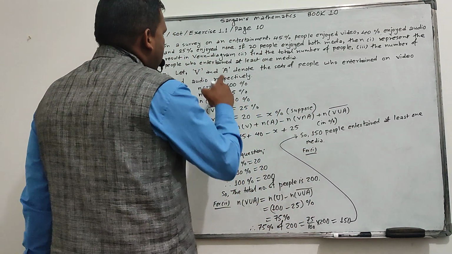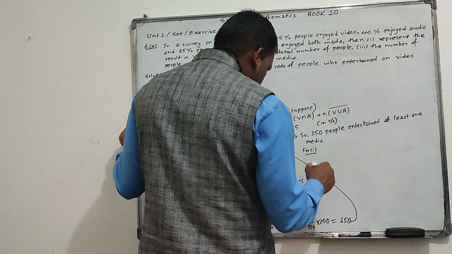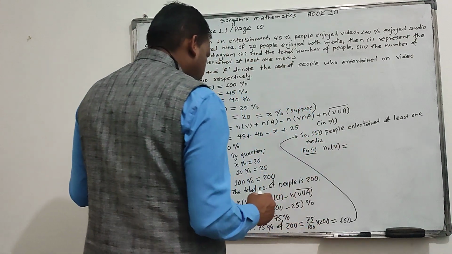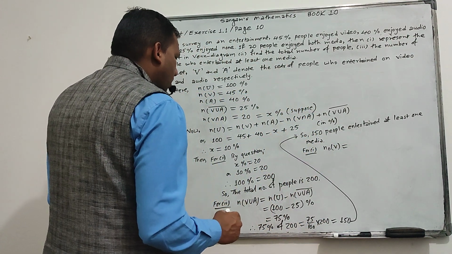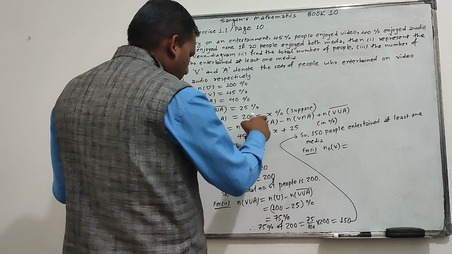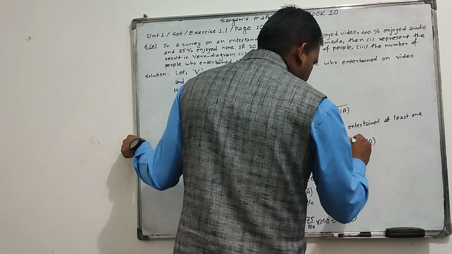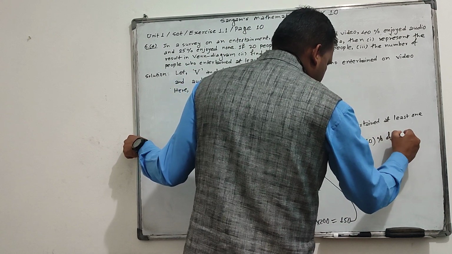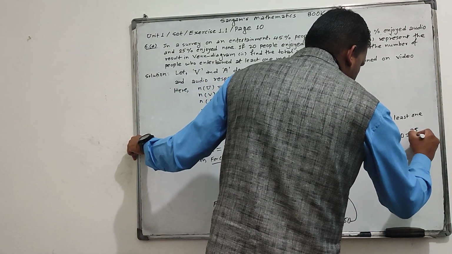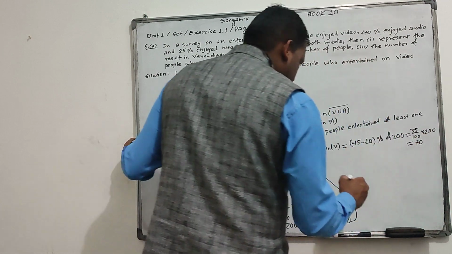Now for 1, we have to represent the result in a Venn diagram. n(B only) equals n(B) 45 minus the intersection part X, 10%. 45 minus 10% of 200 equal to 35% of 200, 35 by 100 into 200, this equals 70.